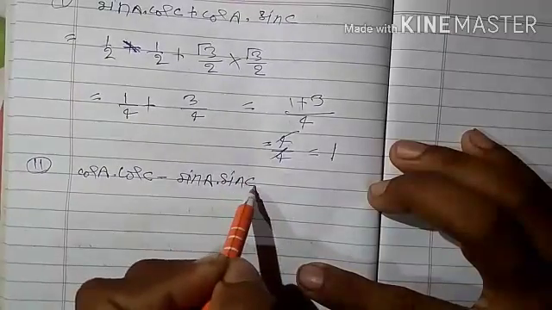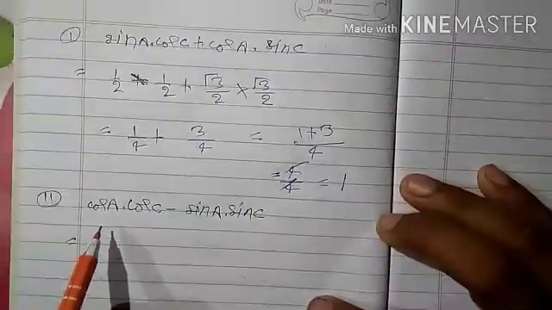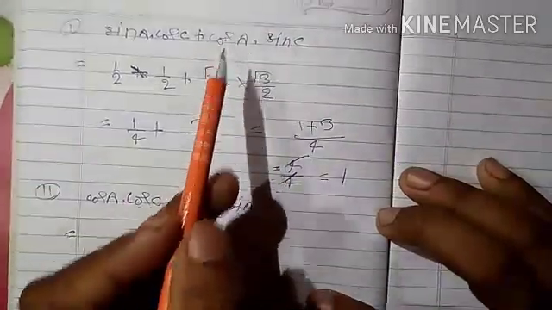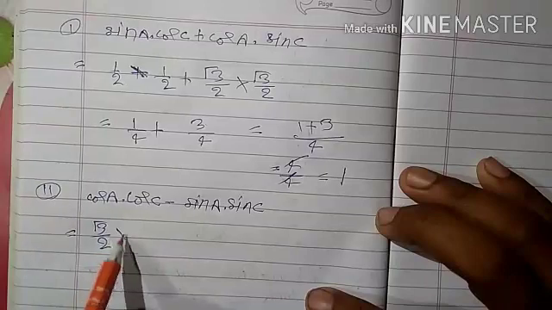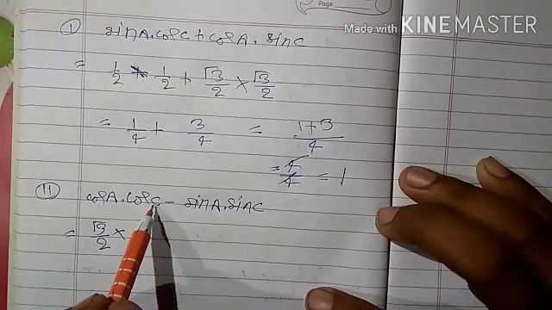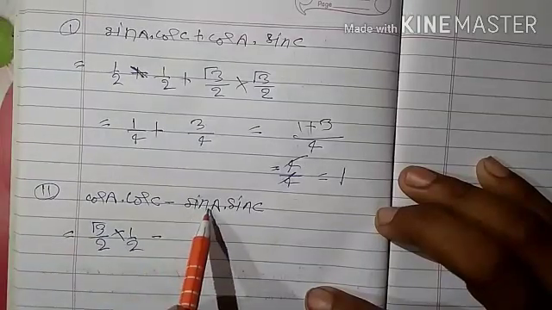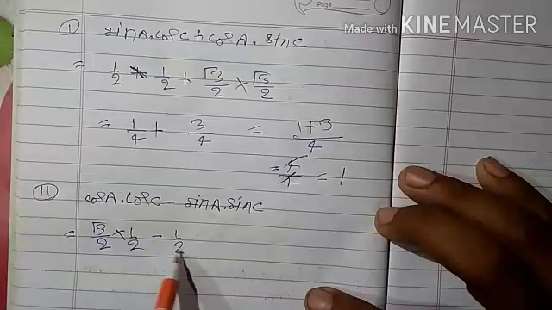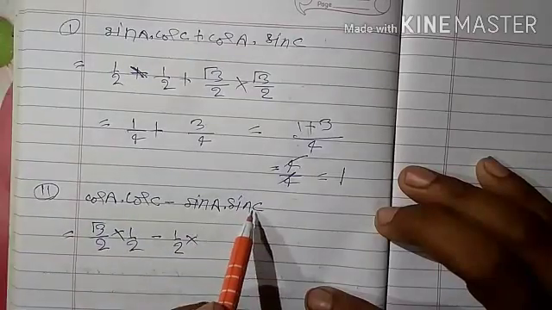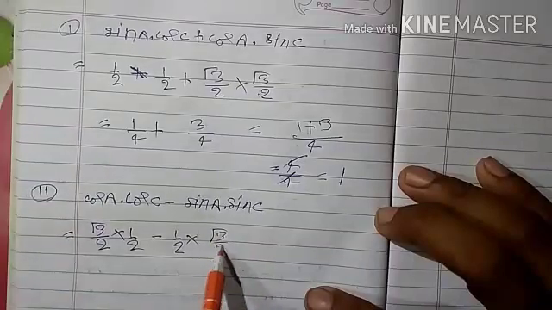cos A into cos C minus sin A into sin C. So cos A, that is square root 3 by 2, into cos C, that is 1 by 2, minus sin A, that is 1 by 2, into sin C, that is square root 3 by 2.